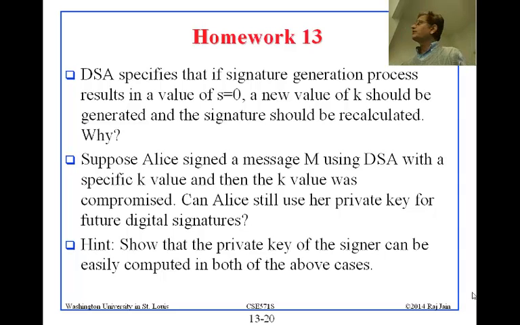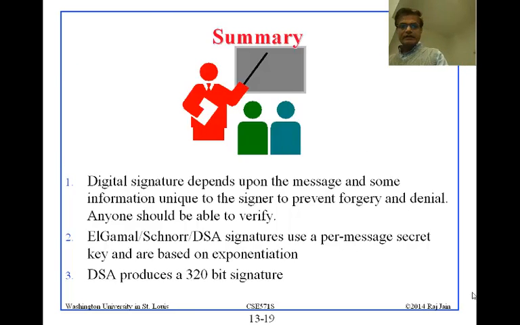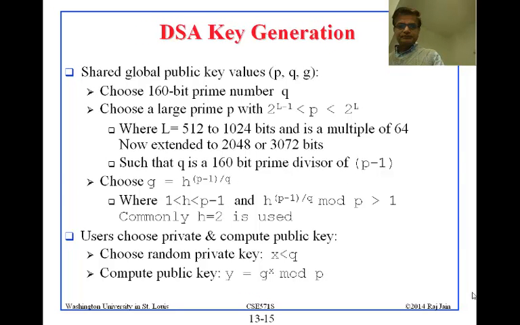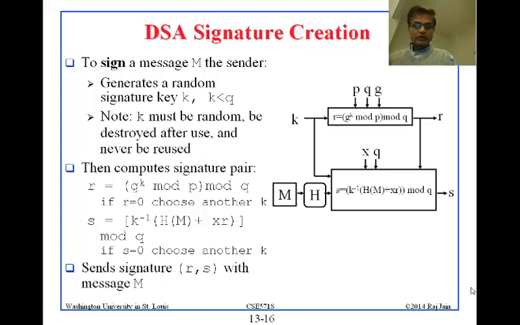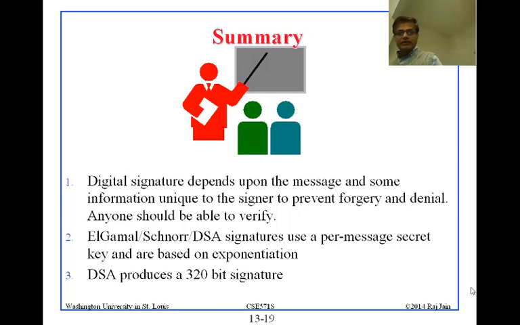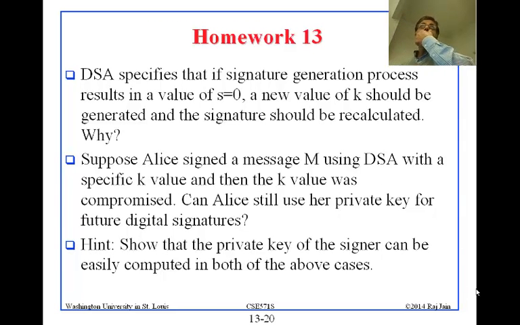So somehow in both cases you have to show that if S equal to 0, XA can be easily calculated. DSA has X. That's your private key. So X can be easily calculated in both of these cases. All right, any questions?